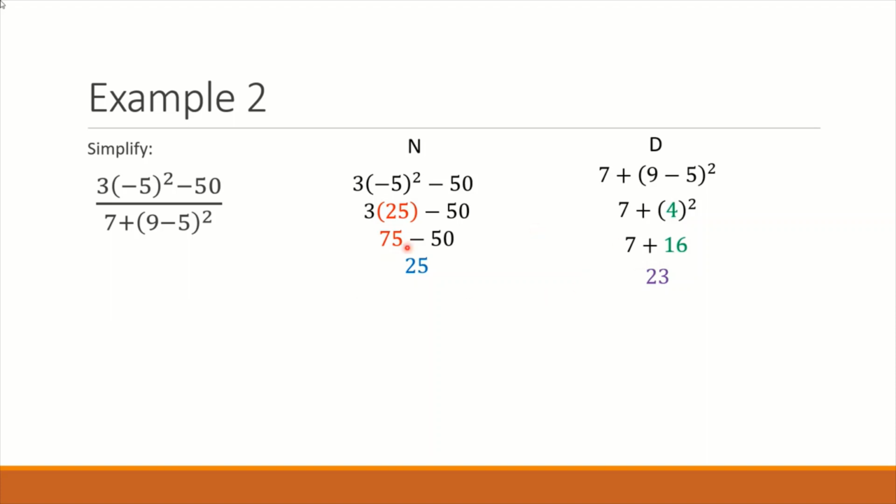Now let's combine these. Remember, numerator goes on top, denominator goes on the bottom. So it'd be 25 over 23. You want to simplify these if possible. Here you can't, so you would just leave it. And that's your answer.